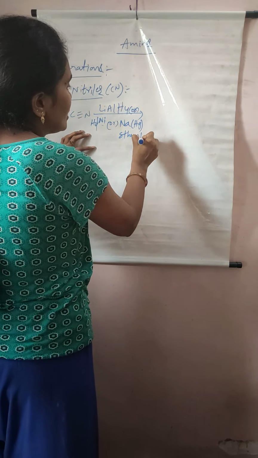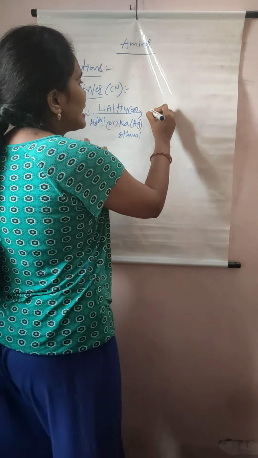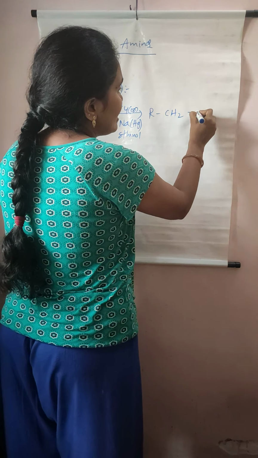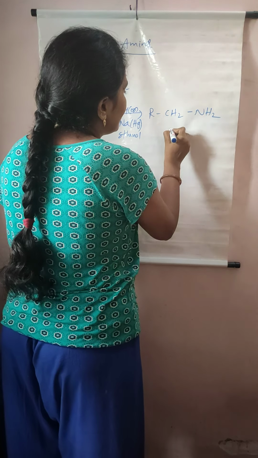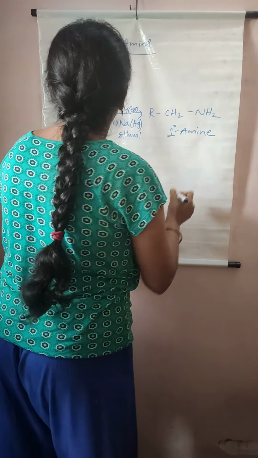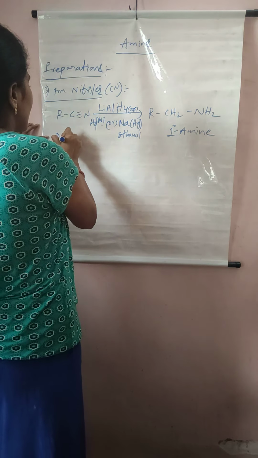Then you get primary amine, RCH2NH2, from the nitrile group.